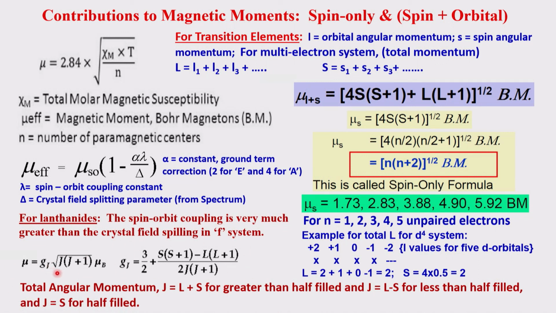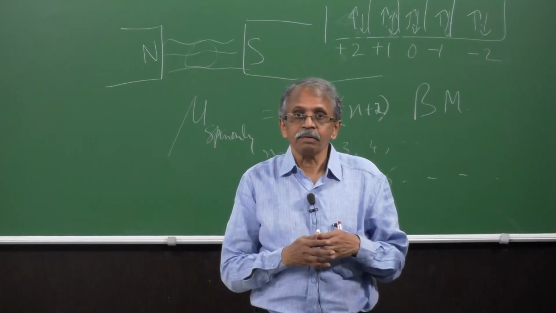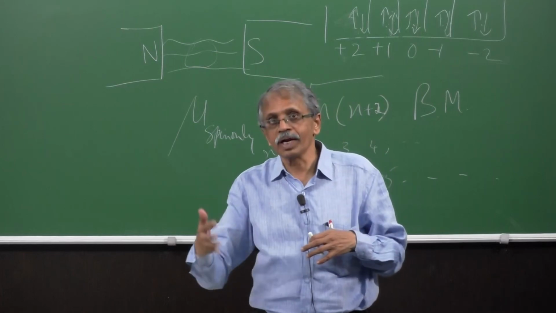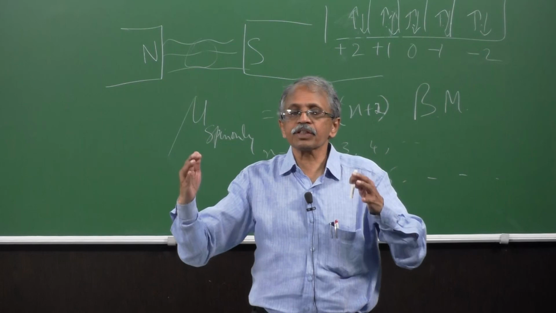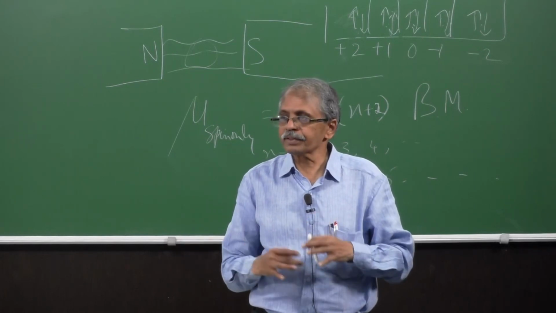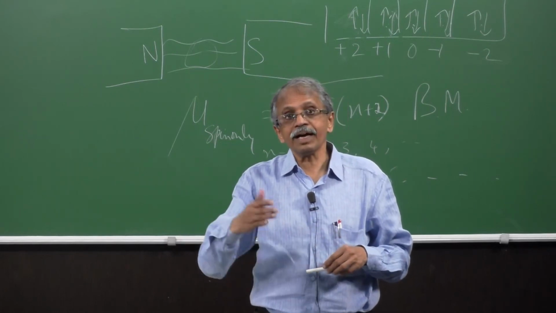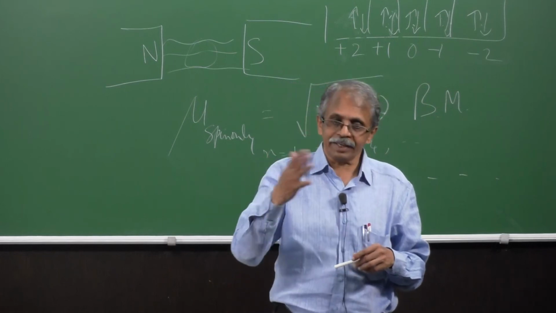Obviously the lanthanides do not show a magnetic moment equivalent to spin only, but many of the transition metals would show that, with a little variation. The variations are small for transition metals, whereas for lanthanides the variations are large. These have a meaning in making magnetic materials.